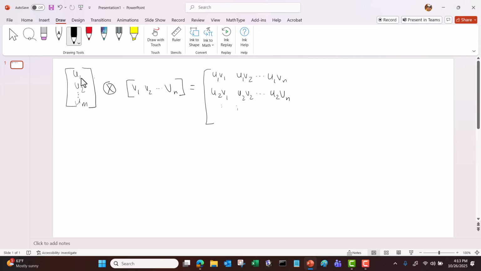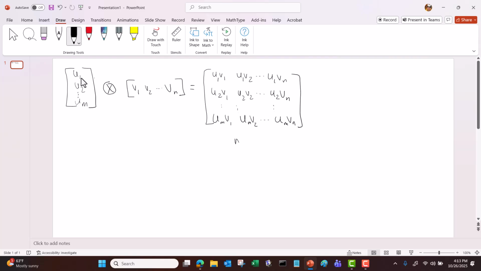And we keep doing this for each entry in both of these vectors until we end up with umv1, umv2, all the way over to umvn.